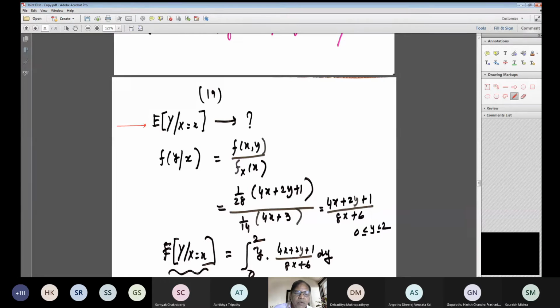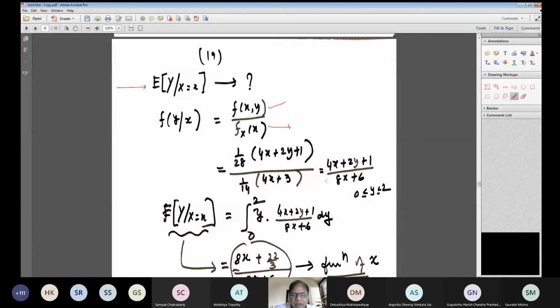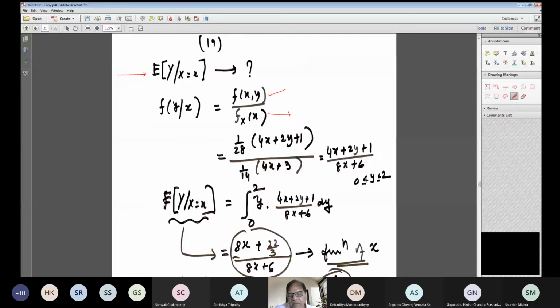In order to find this, we need to find the conditional density function of y given x. So f y given x is fxy over fx of x. Since fx of x is known to you, we have already computed it. So we have kept here fxy, and this fx of x we have substituted. After simplification, you will get this quantity. Now we need to find the conditional expectation.